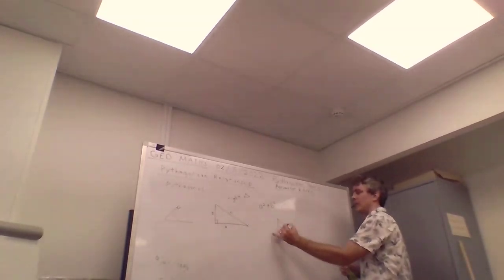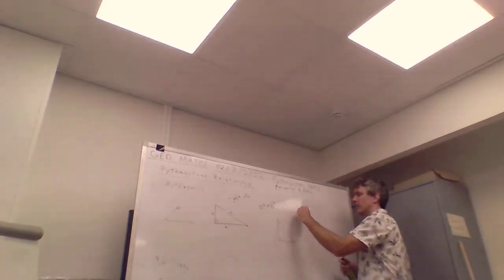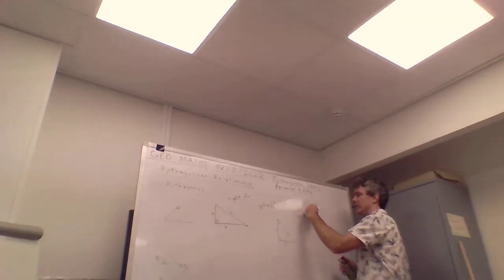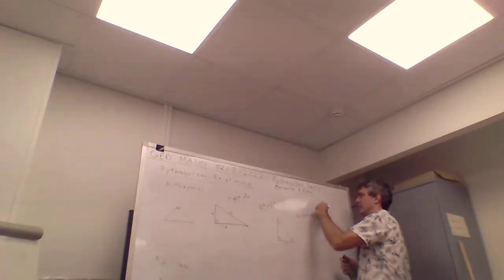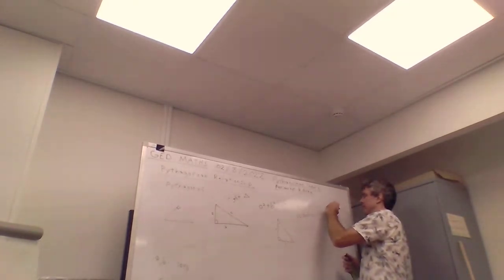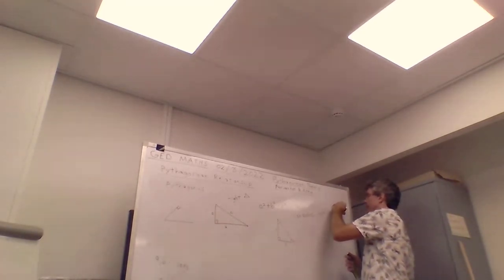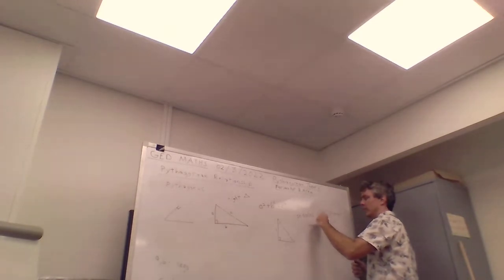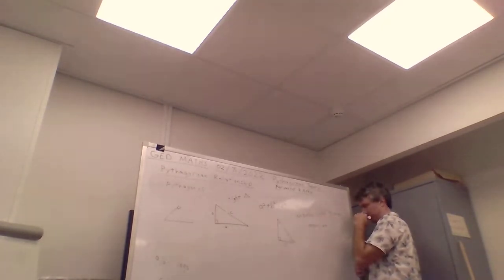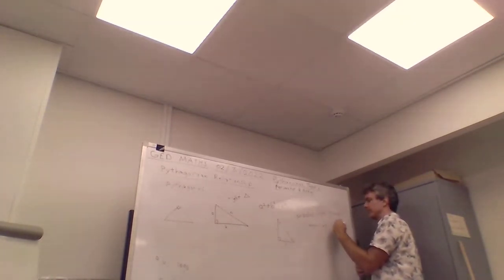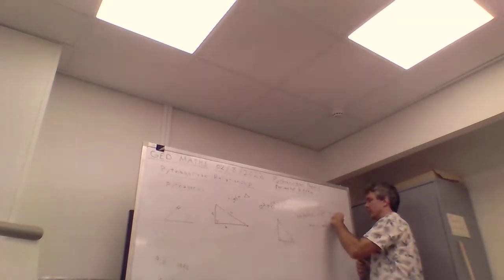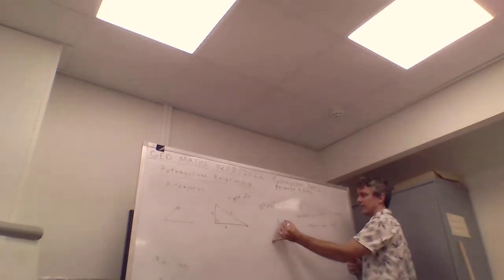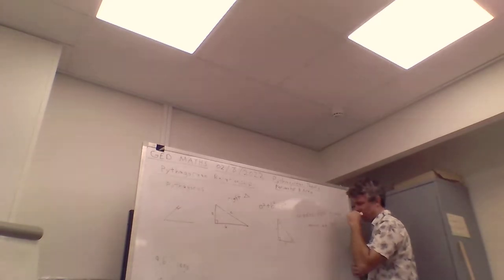So in this isosceles right triangle, the angles are 45 degrees.